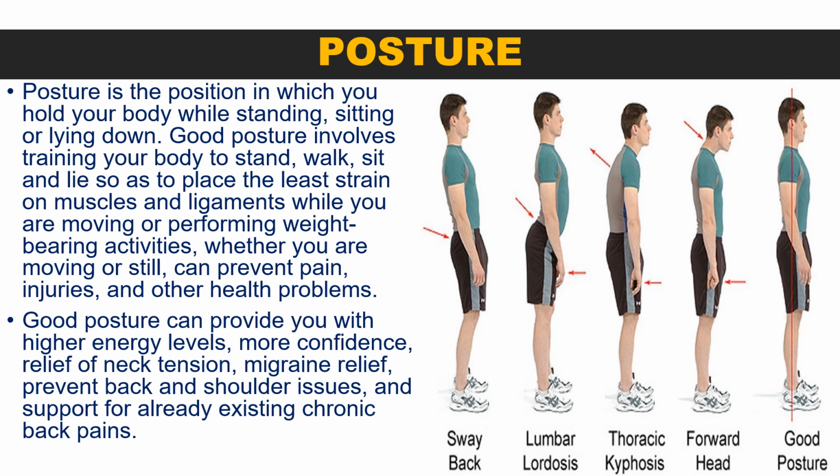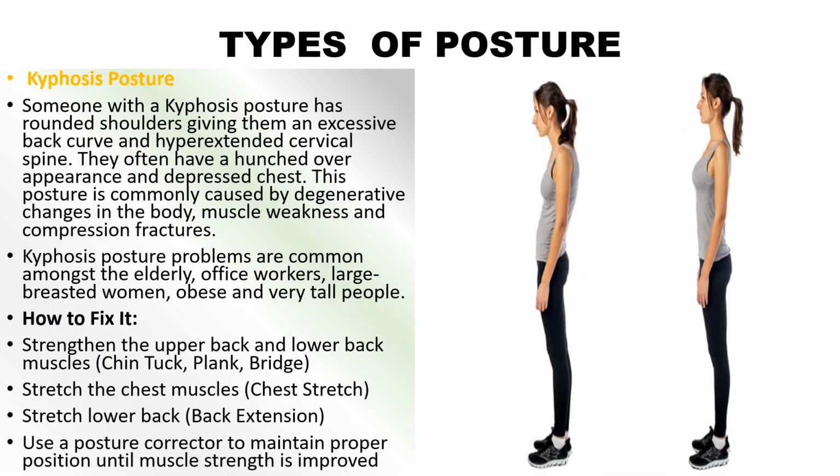So one person is looking at the five postures, right? We just look at each one. Kyphosis posture. Someone with a kyphosis posture has rounded shoulders, giving them an excessive back curve and a hyperextended cervical spine. They often have a hunched over appearance and a depressed chest.